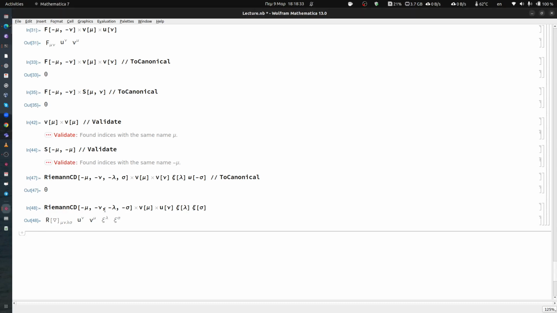But the Riemann tensor is also antisymmetric with respect to the exchange of its last 2 indices. And here you see that I have contracted it with a tensor that is symmetric under the exchange of those indices. I can see that again by applying the function ToCanonical, and I obtain 0.